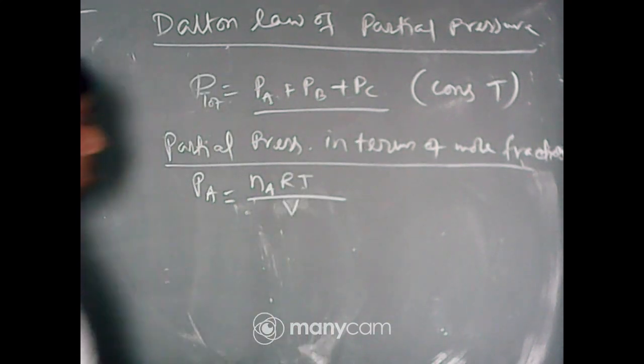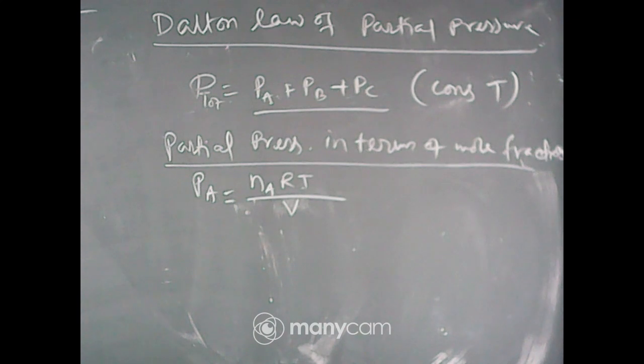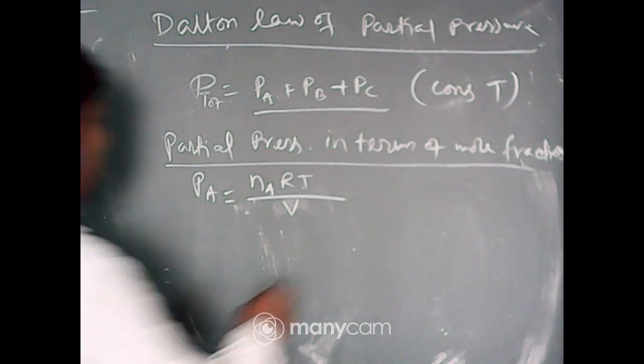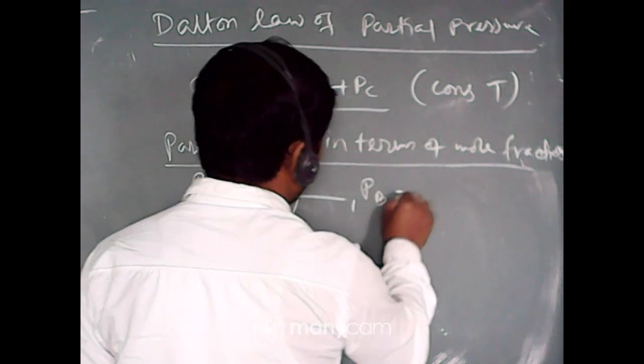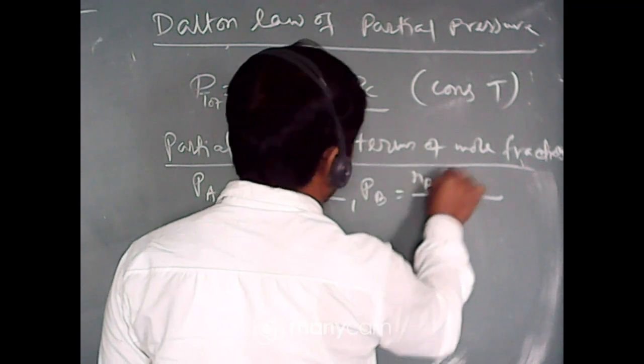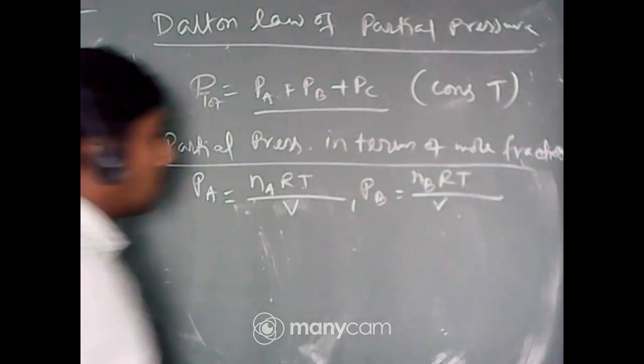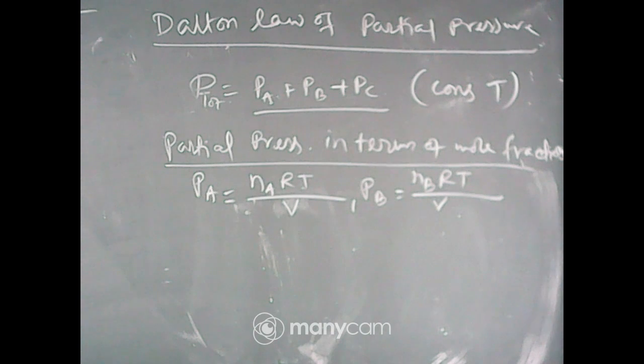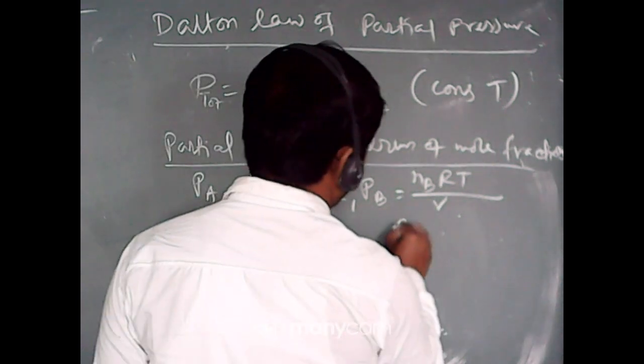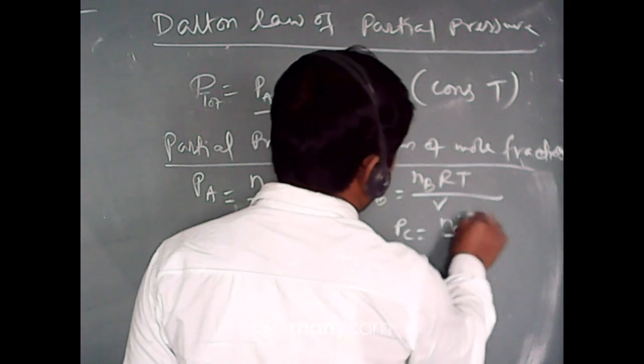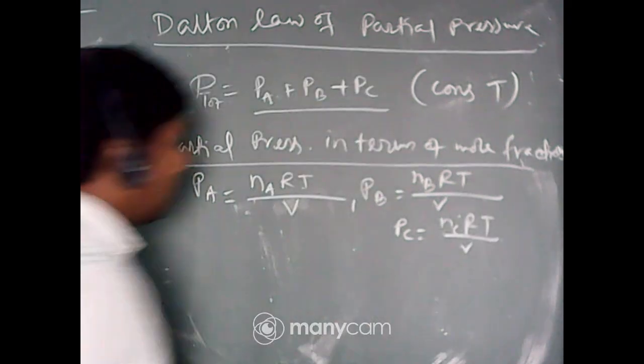So, PA equals NA RT by V. PB will be equal to NB RT by V. PC is NC RT by V.